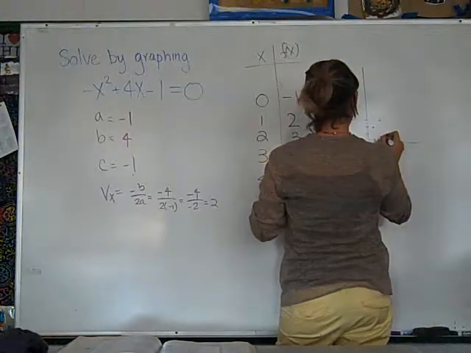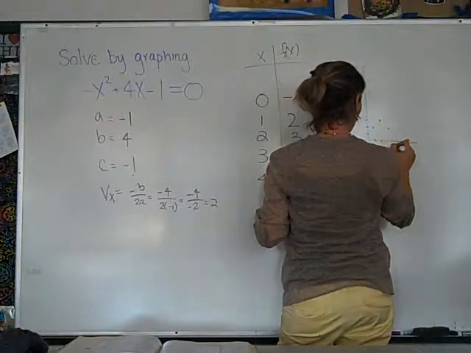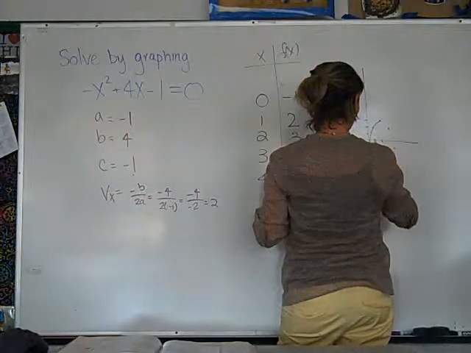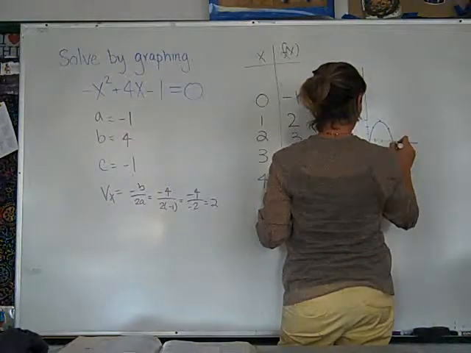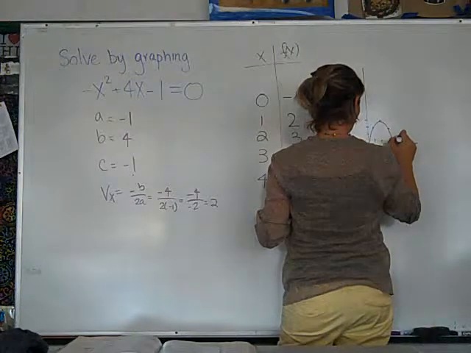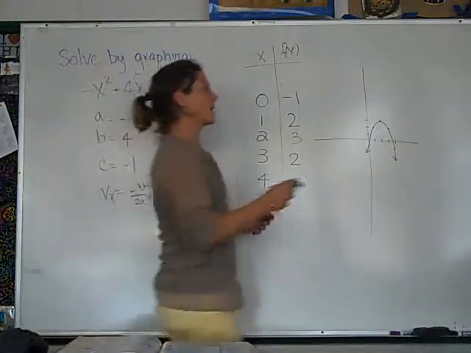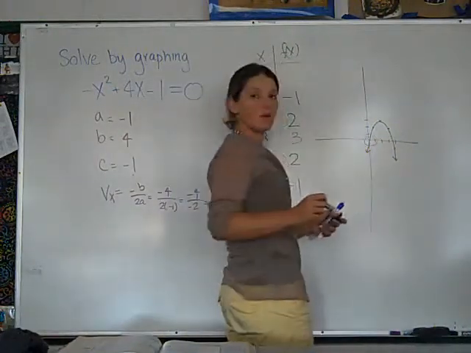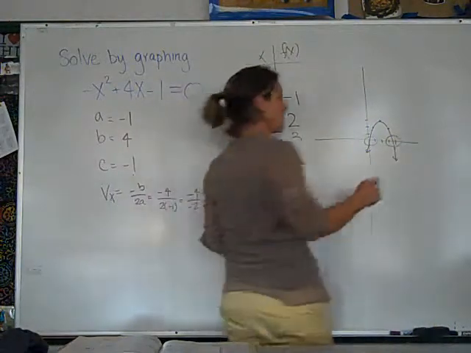And then 3, 2. And 4, -1. So if we look at our graph, where do the roots actually lie? They lie between 0 and 1 and between 3 and 4.